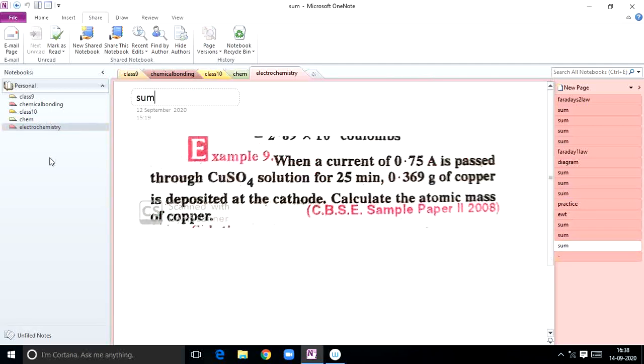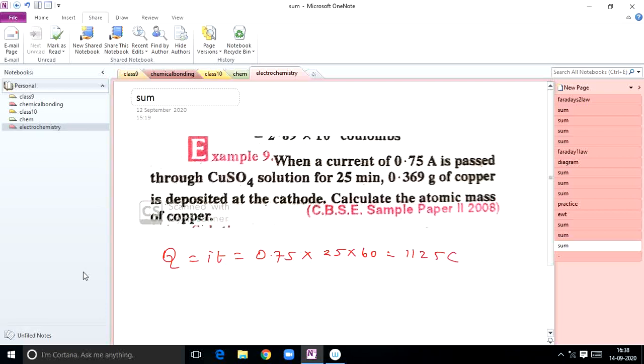See this one? When a current of 0.75 amperes is passed through copper sulfate solution for 25 minutes, 0.369 grams of copper is deposited at cathode. Calculate the atomic mass of copper. So here Q is equal to IT, that is 0.75 into 25 into 60. How much you will get? 1125 coulombs.